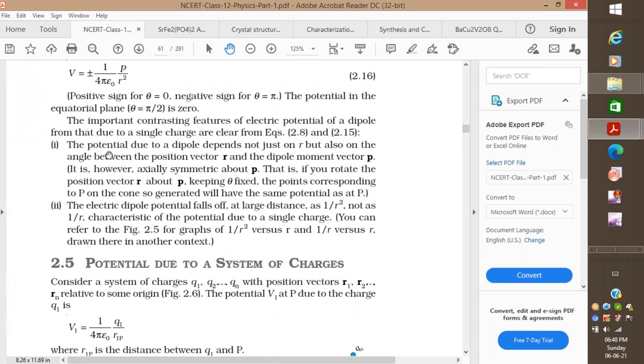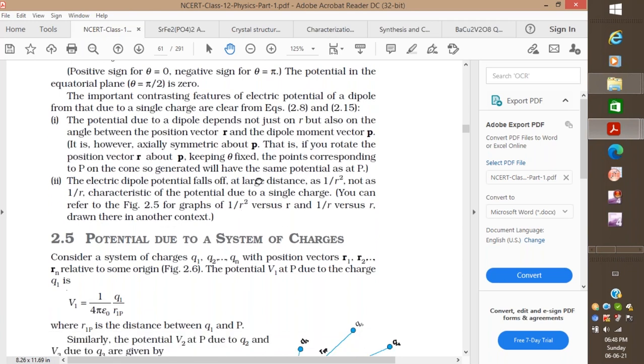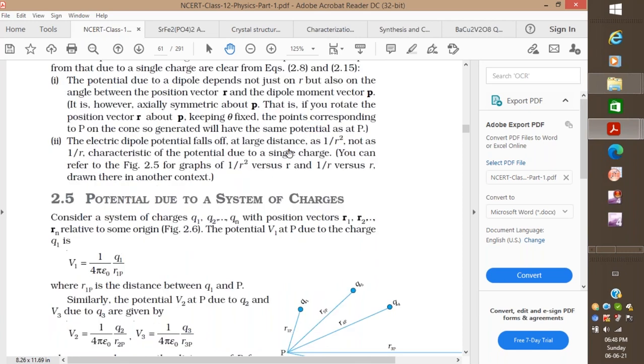When theta is pi by 2, the potential will be 0. When theta is 0, the potential will be positive. When theta is pi, the potential will be negative.